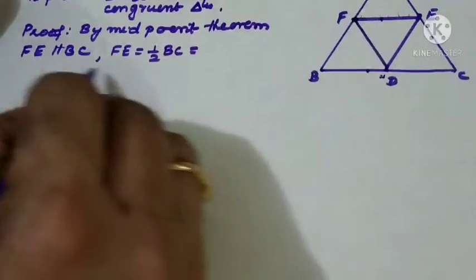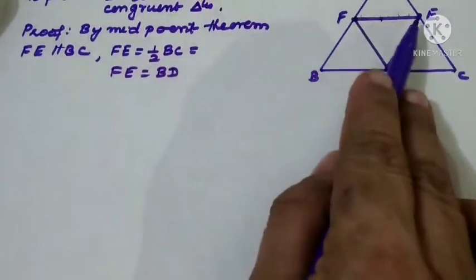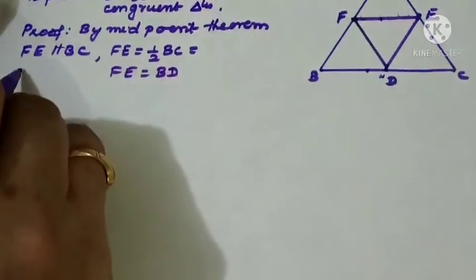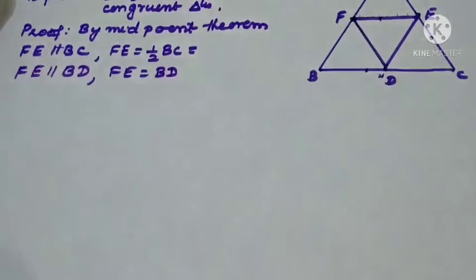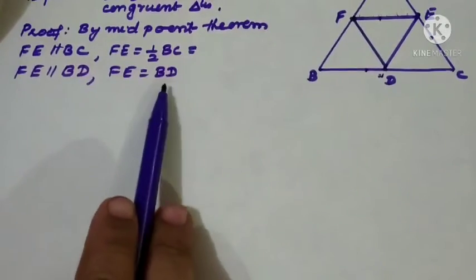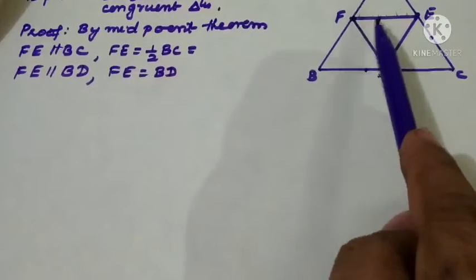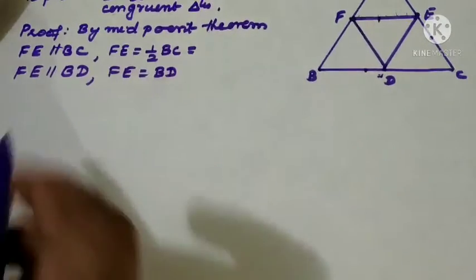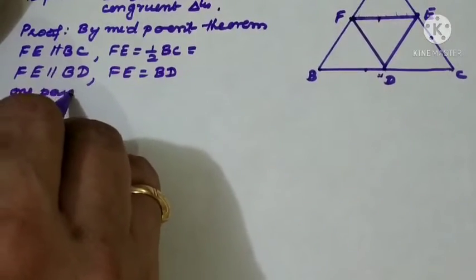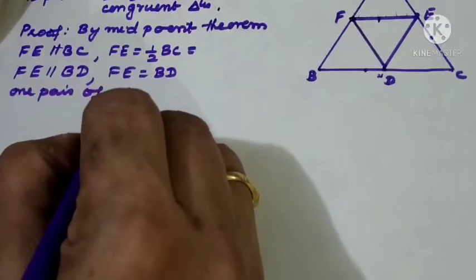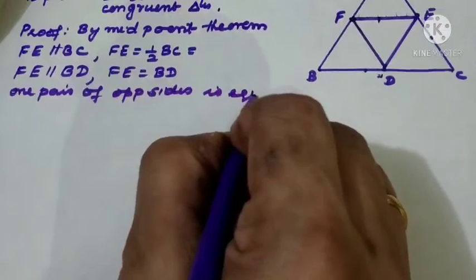So the next line I'll write FE equal to BD. Similarly, if FE is parallel to BC, then FE is parallel to BD also. Now you see FE and BD, that is one pair of opposite sides is equal as well as parallel in quadrilateral BDEF. So we can write here one pair of opposite sides is equal and parallel.